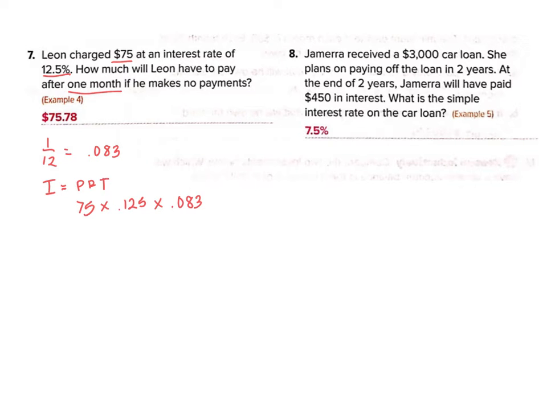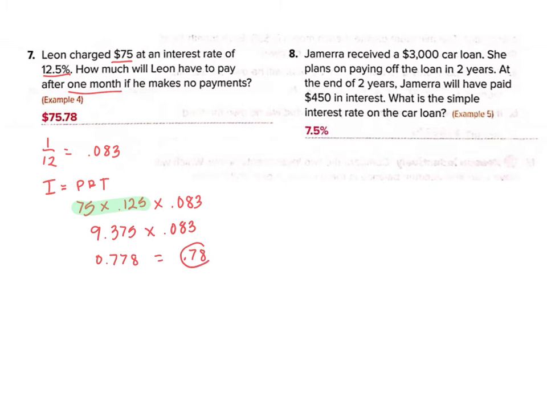Then we'll take this in chunks, 75 times 0.125, and we get 9.375 times 0.083, and we get 0.778, which I can round to just 0.78.